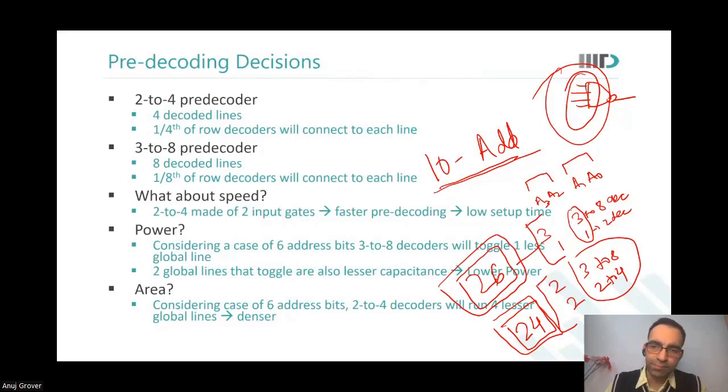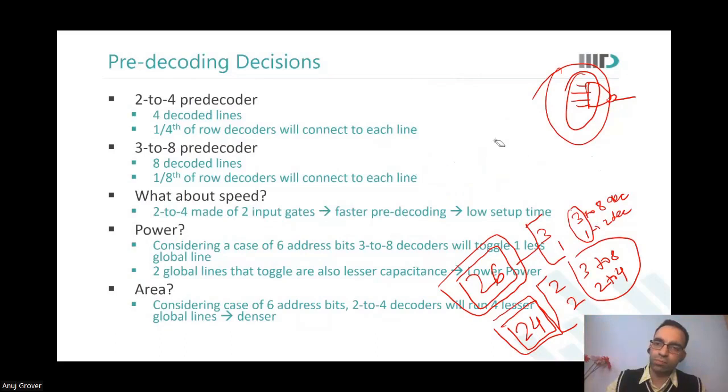Sir, I have a doubt. If we choose any of these two implementations, my post decoding is basically fixed. Then I'm choosing the pre-decoding. That is the question, right? Yeah, over here I have fixed it for you that you cannot go for a NAND gate with a stack more than 4. So I have fixed the post decoding that it will be 4 input NAND gates. Okay.